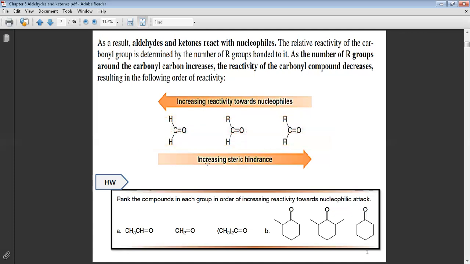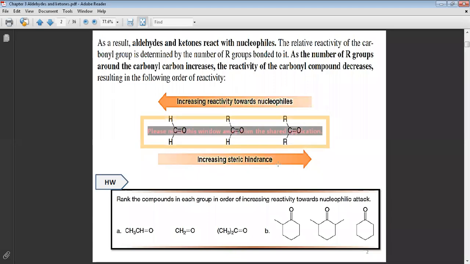From left to right, steric hindrance increases. If we have two groups here, there is more steric effect than with one group. For this reason, this one is more reactive.